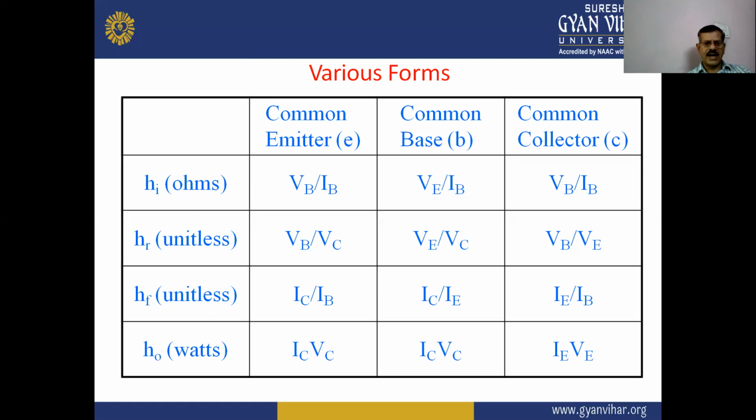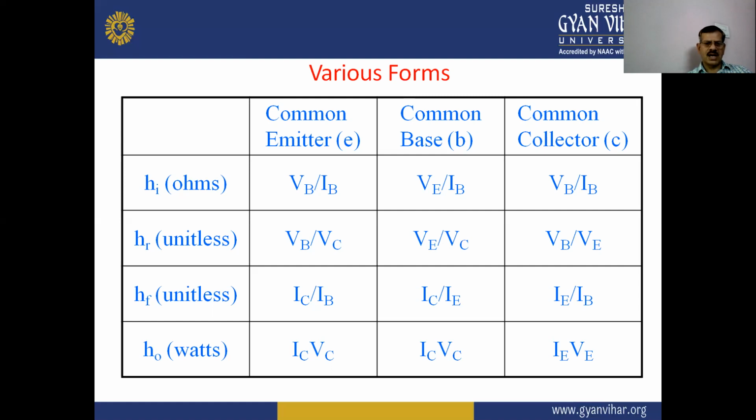And also hf, that is unitless, or that is the current gain, and hf equal to IC upon IB in common emitter, and hf equal to IC upon IE in the common base configuration, and also hf equal to IE upon IB in the common collector configuration.